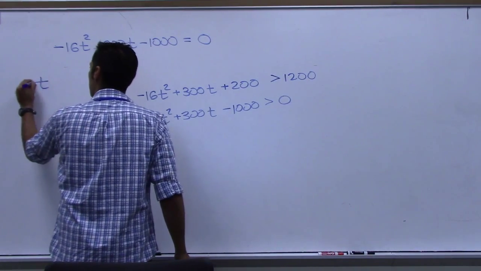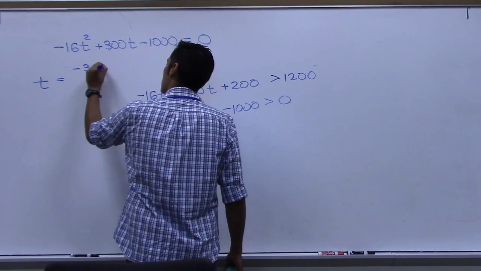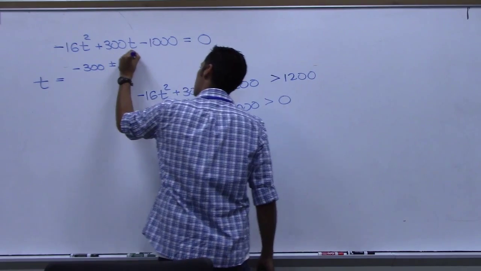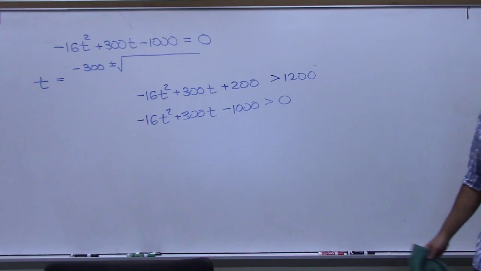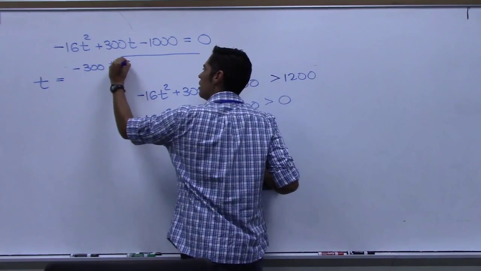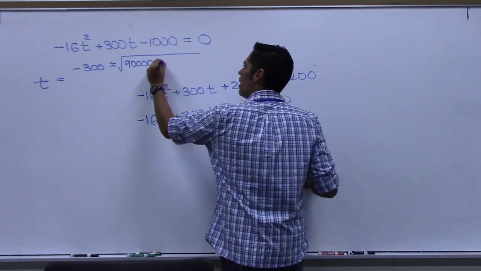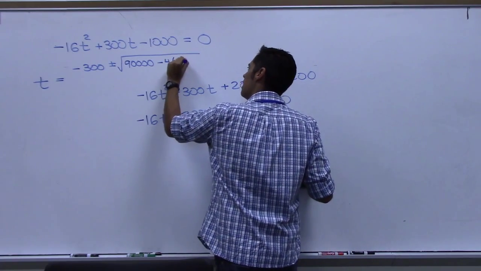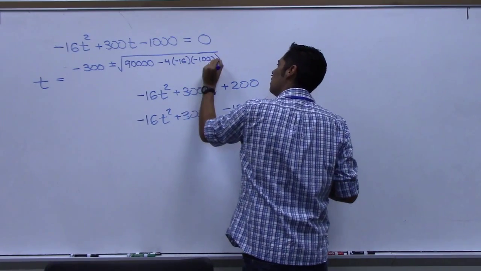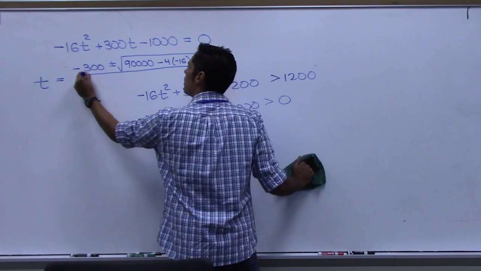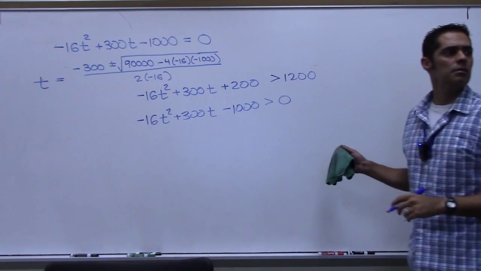Since my variable is t, I'm going to put t equals instead of x equals negative b plus or minus the square root of b squared, 300 squared. 90,000 minus 4 times negative 16 times negative 1,000. All over 2 times negative 16. Everyone following what I'm doing?